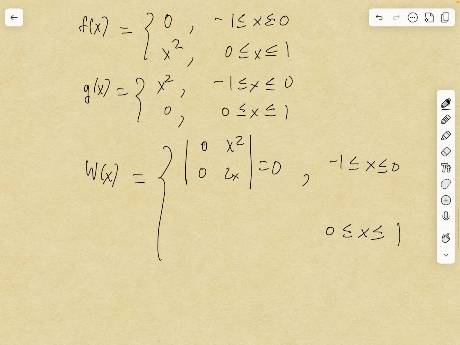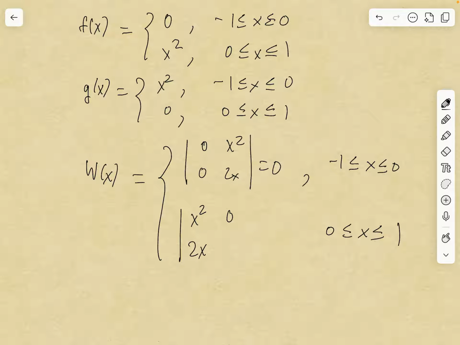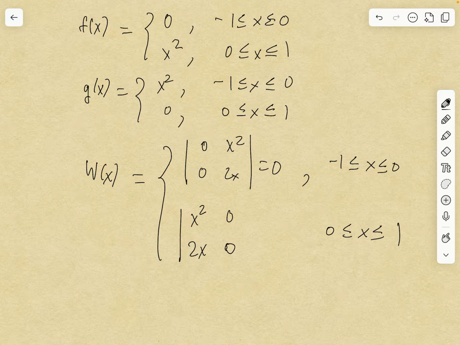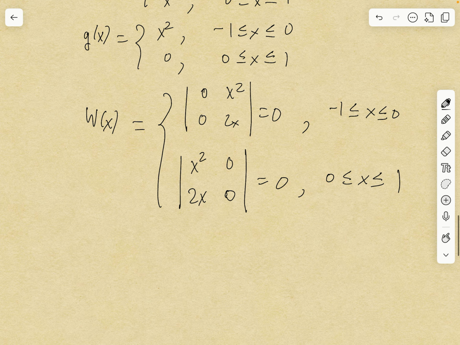If x is between 0 and 1, then your f is x squared, your g is 0, and when you take derivatives you get 2x and 0, and the determinant is also 0. So W of x is equal to 0 on the whole interval.